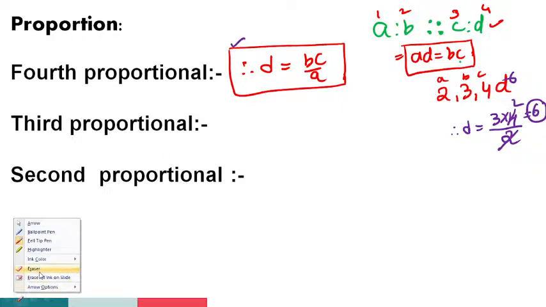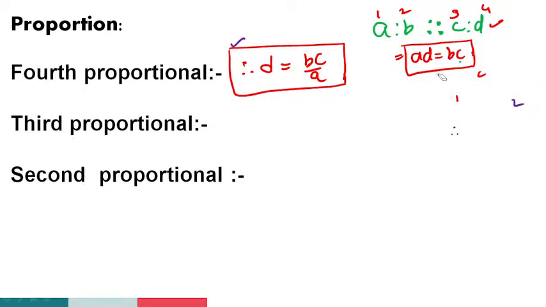And coming to the third proportion. A is to B is equal to B is to C, guys. We don't need to go deeper. 1, 2, 2, 3.